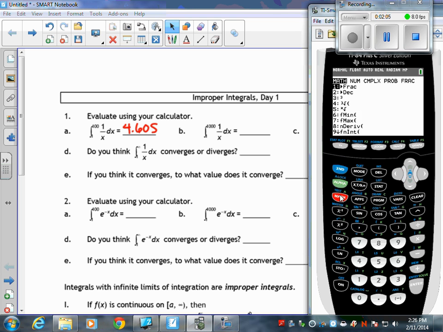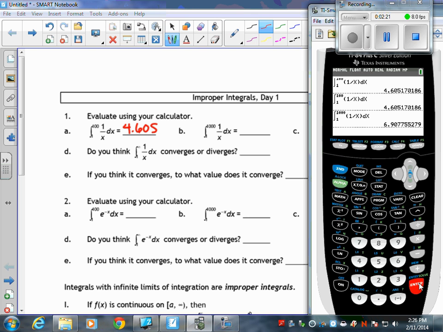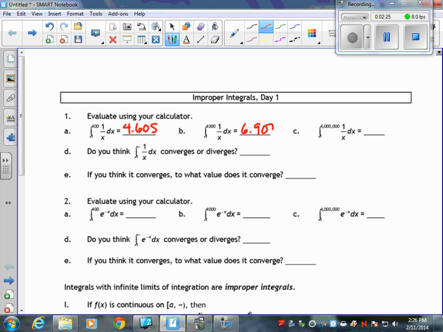So again, math 9, fnInt, I'm going to go from 1 to 1,000. And again, I have 1 over x, and then that's dx. And when I get that, we're getting 6.907. So we're getting larger, 6.907. So the area could continue to increase without bound, or it could level off somewhere close to 7 or 10 or something.